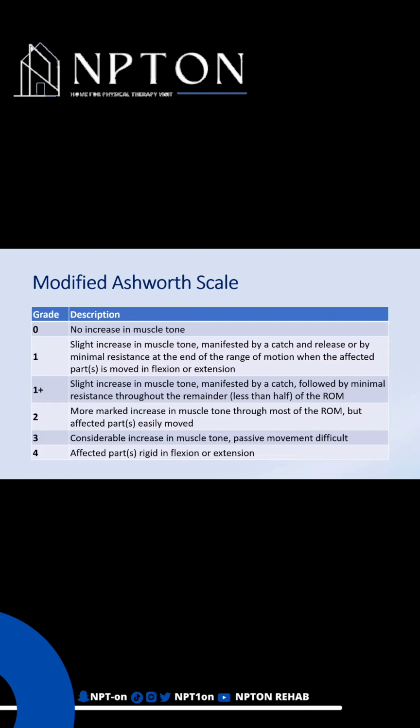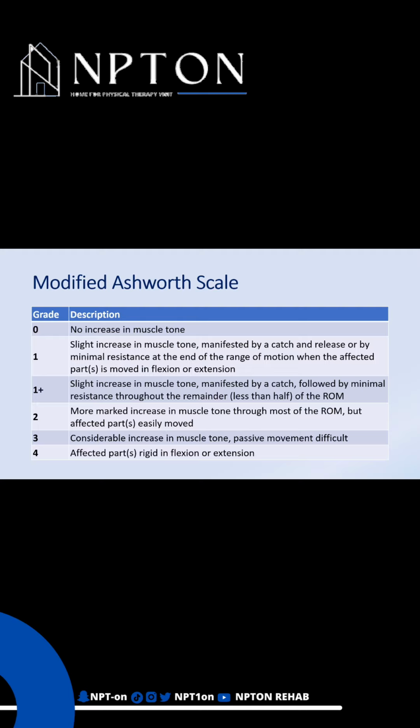Modified Ashworth scale is the most commonly used tool to evaluate spasticity, and it has a 6-point scale from 0 to 4. 0 indicates no increase in muscle tone, and 4 is affected part is rigid in flexion or extension.